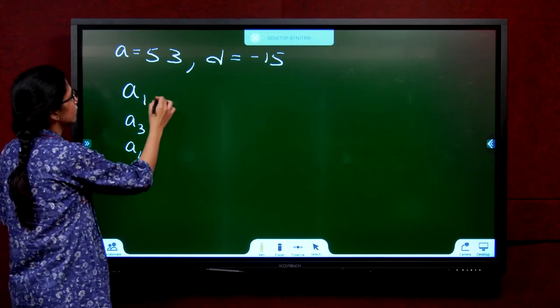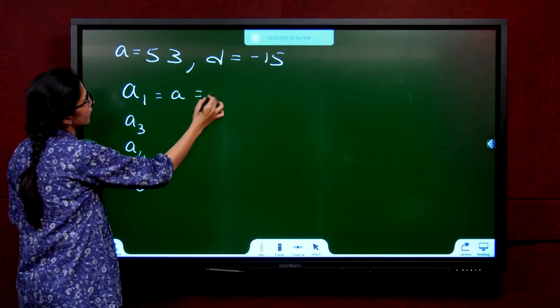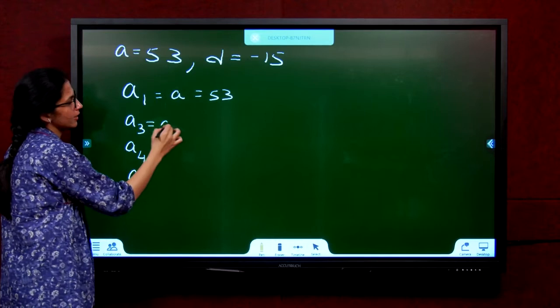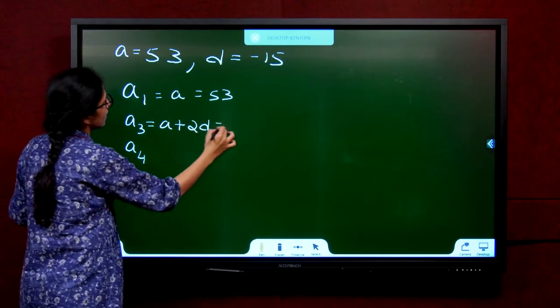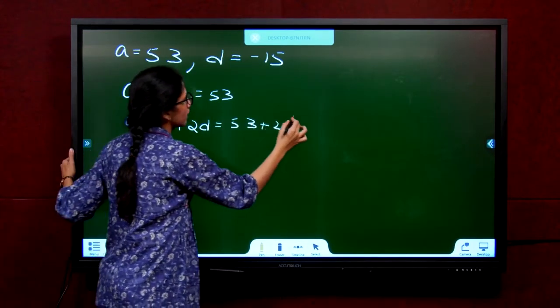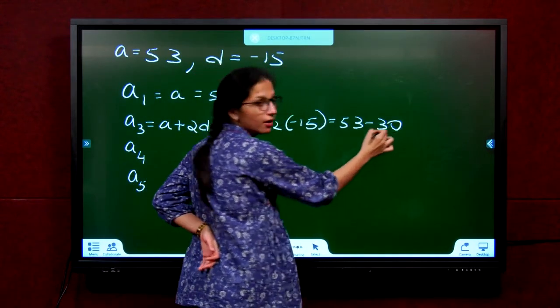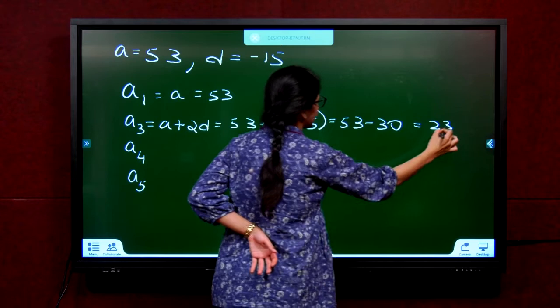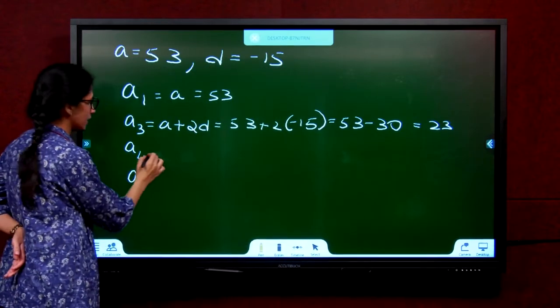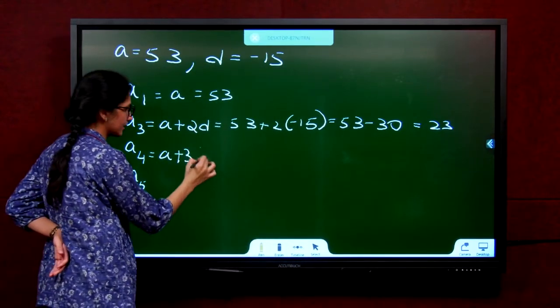Okay, carefully see now. A1 is just A, 53. A3 is A plus 2D. 53 plus 2 into minus 15. 53 minus 30. How much? 23. Continuing. A4, A plus 3D.